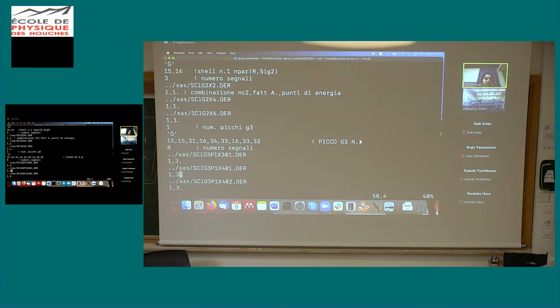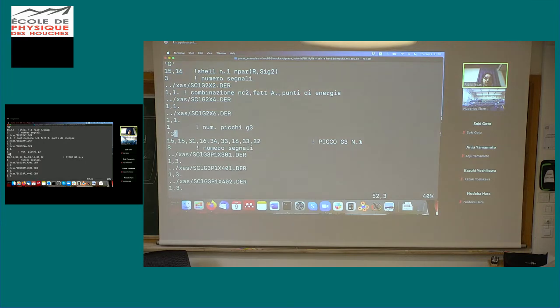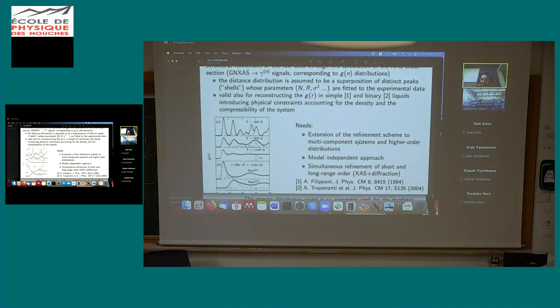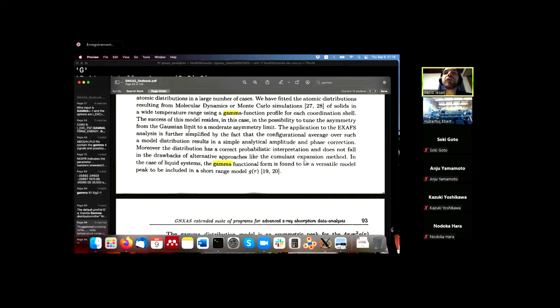Then we have the three-body ones. Also in this case we have only one, and also here we put this G. Again, if we look at the manual, we have different possibilities.